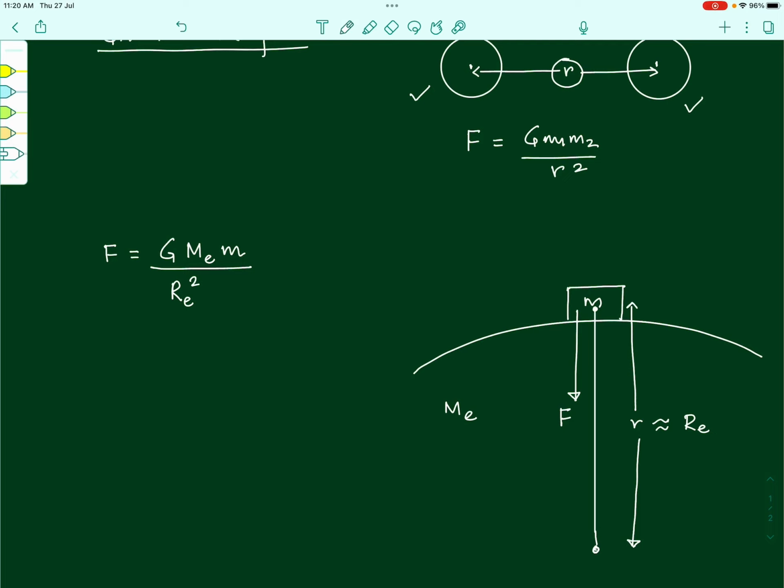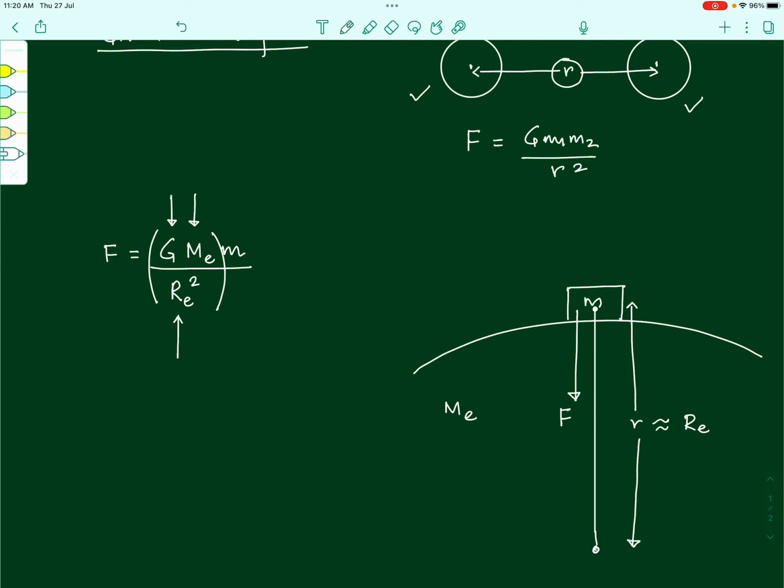Now see carefully that in this expression, G, the universal gravitational constant, is a constant value throughout. Mass of the earth is a constant, isn't it? And the radius of the earth is also a constant. So we understand that this whole term here is a constant and we can easily find out its value.